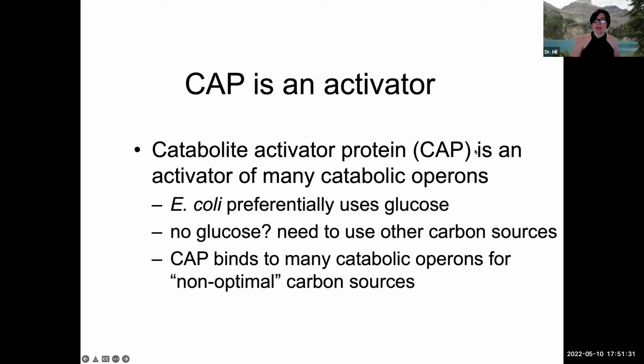If glucose goes away, ATP levels drop. What happens to cyclic AMP levels, do you think? They go up. And when they go up, what happens to CAP, which is dependent on cyclic AMP?